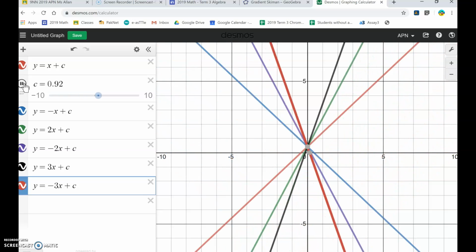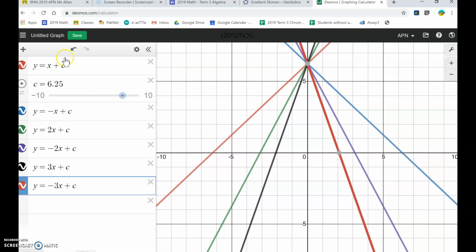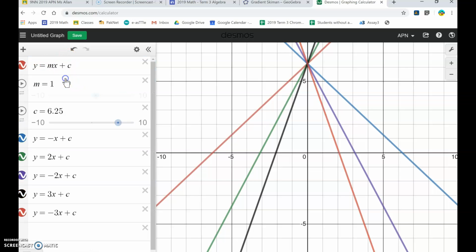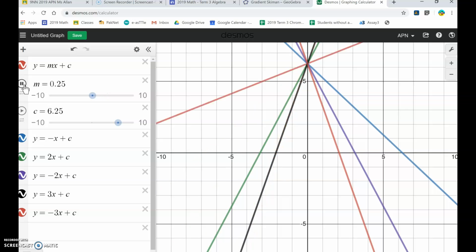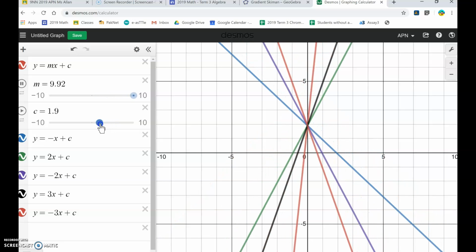And the other thing I can do is go y equals mx plus c and add a slider m. If I push play on m, you can see that that gradient is changing. All the other gradients are staying the same. So let's just move it down a bit. Let's go to 2.